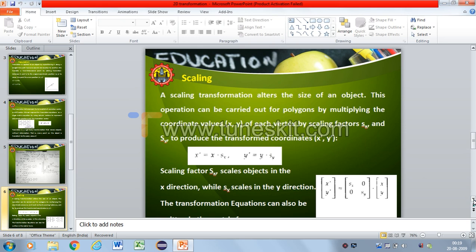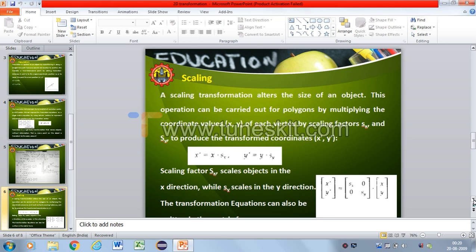A scaling transformation means you want to alter the size of an object, or you want to change the size of an object.